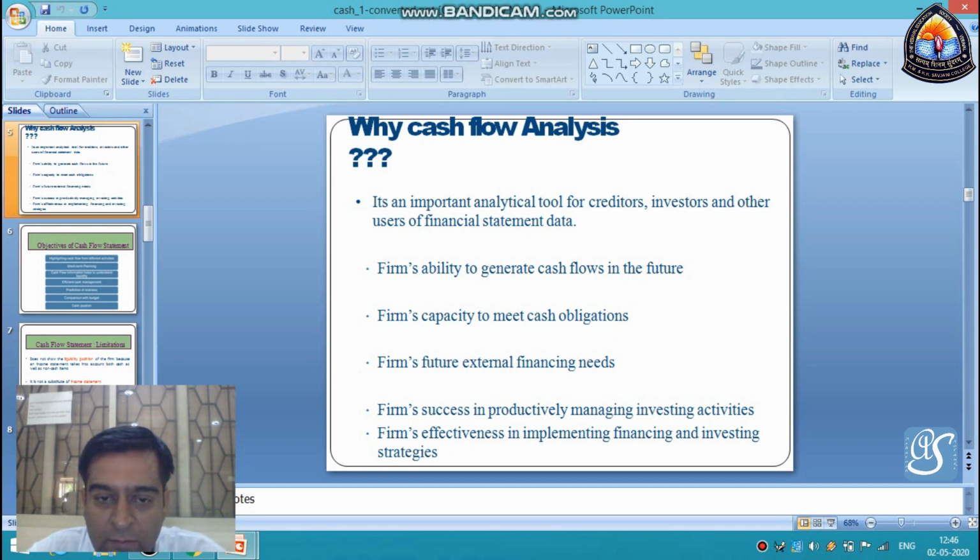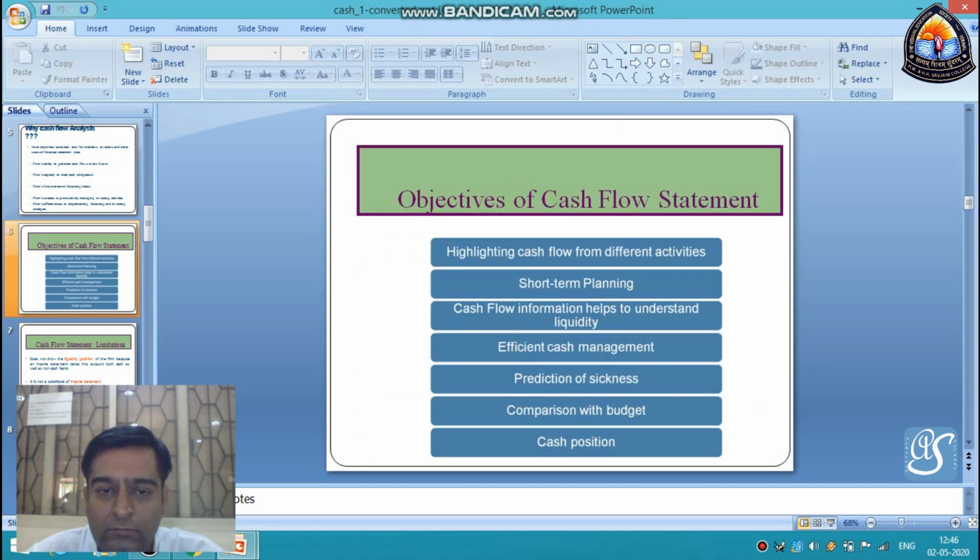It shows the firm's ability to generate cash flow in future, the firm's capacity to meet cash obligations, the firm's future external financial needs, the firm's success in productively managing investing activities, and the firm's effectiveness in implementing financing and investing strategies. So these are the reasons why cash flow analysis is needed.